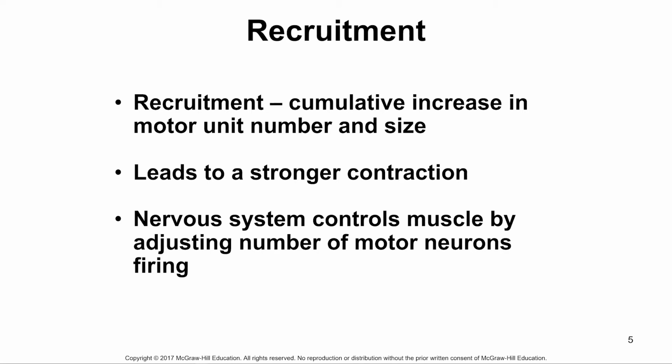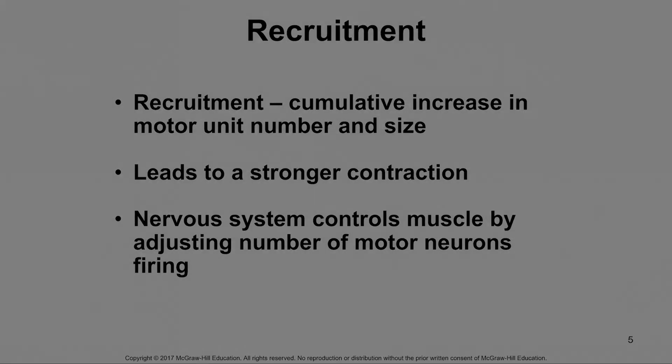And this is actually ordered: the lowest level of recruitment is going to involve motor units that have relatively few muscle fibers associated with those neurons. And then as more and more motor units are recruited, these are going to be motor units that consist of more muscle fibers per motor neuron.